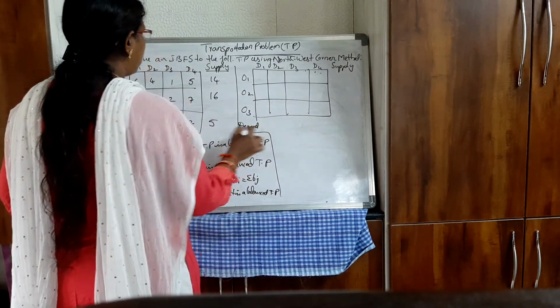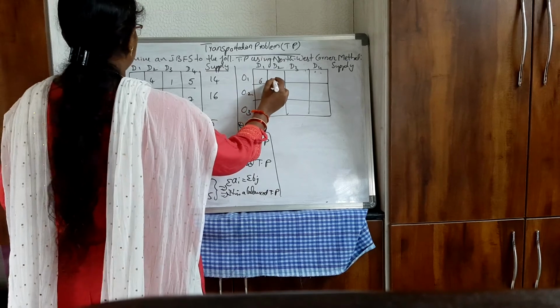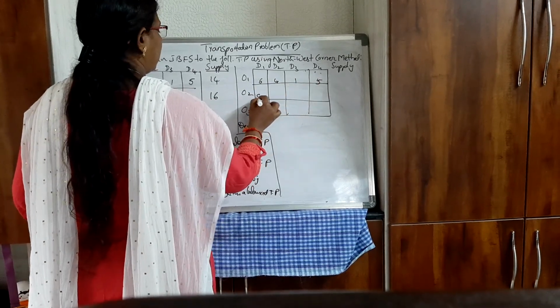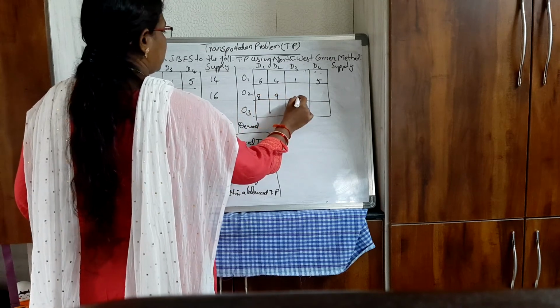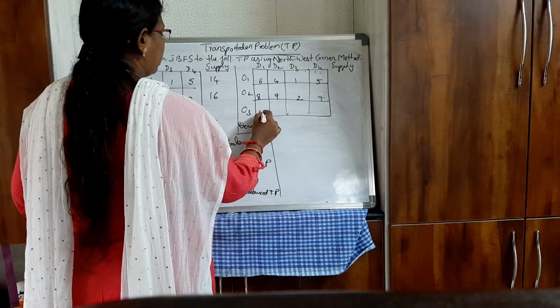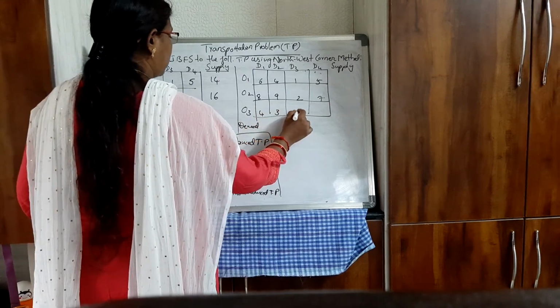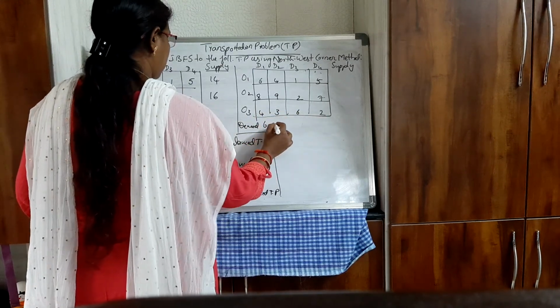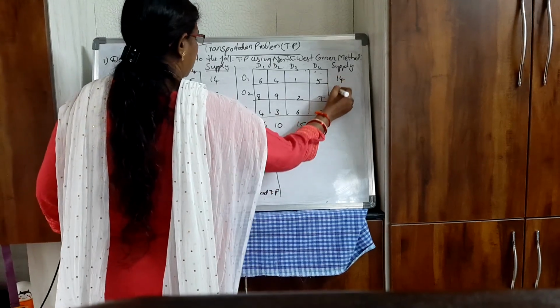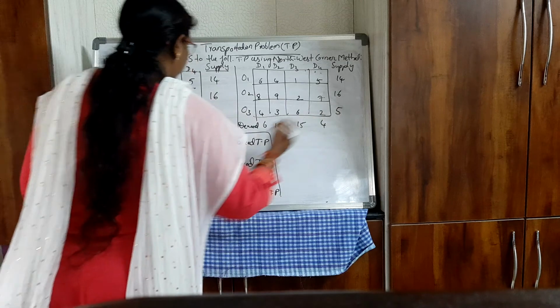The values given are 6, 4, 1, 5, 8, 9, 2, 7, 4, 3, 6, 2. Here demand is 6, 10, 15, 4, and here supply is 14, 16 and 5.